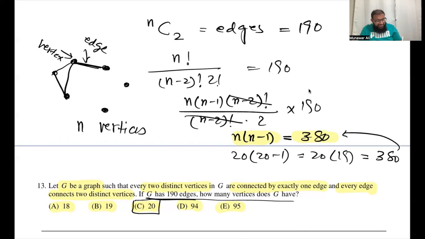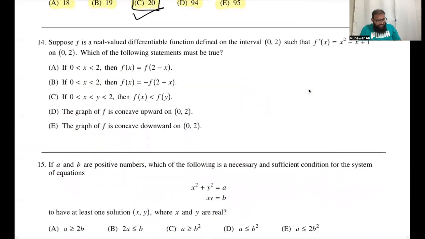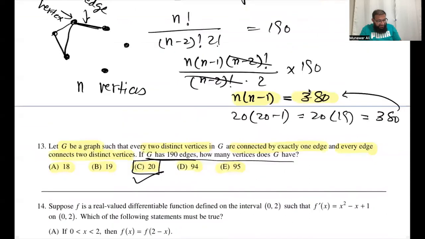So the correct option is 20. It's option C. So sometimes you're not supposed to solve every equation to get the answer. Just check all the answers. If it takes much less time, then you're good to go. Okay, this was 13. Let us move towards question number 14.